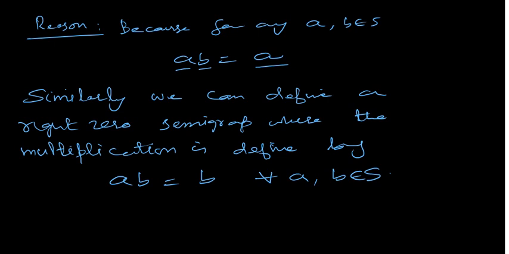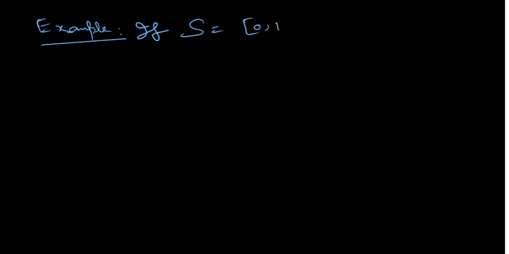Another example of a semigroup: if S is equal to the closed interval [0,1], the operation is not the usual multiplication, but we define xy to be the minimum of x and y.